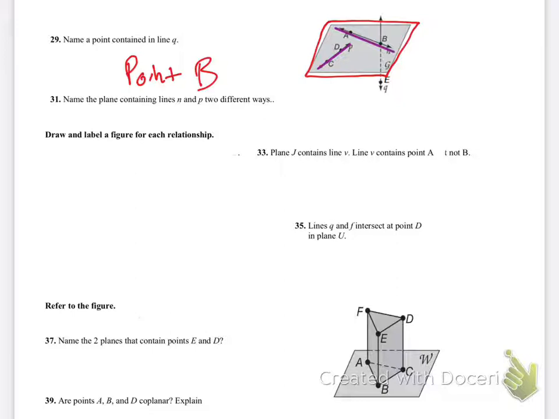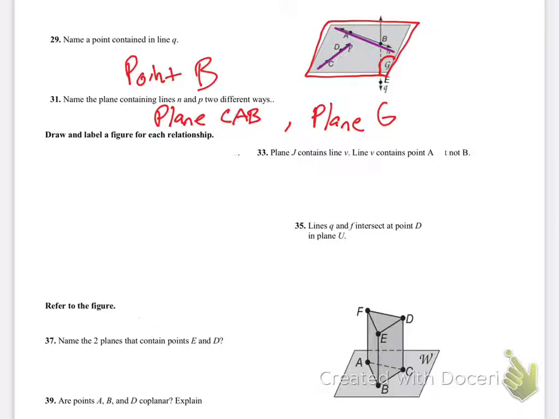So I could name it by just listing off 3 points. So plane, let's just say CAB. But then you can also see down here, there's that little G right there. And it's in kind of like that italics, so you could say plane G.